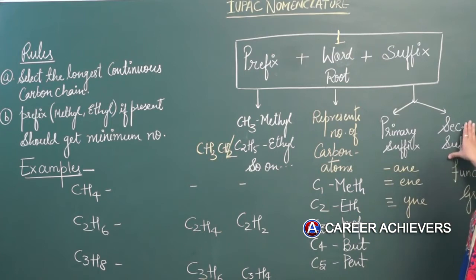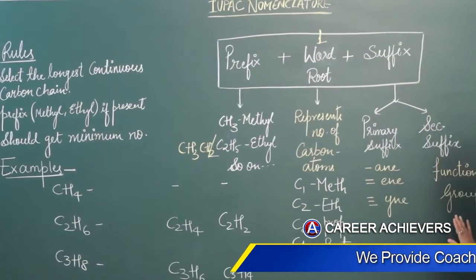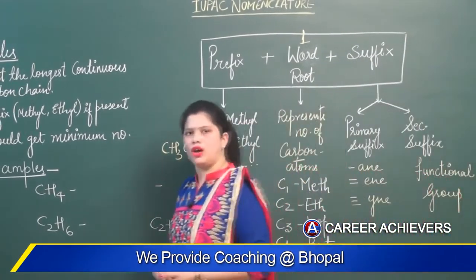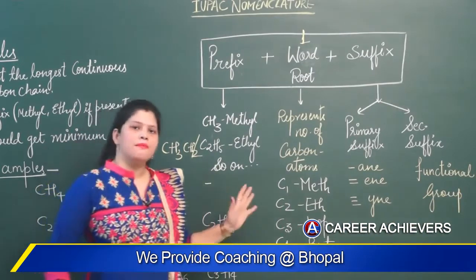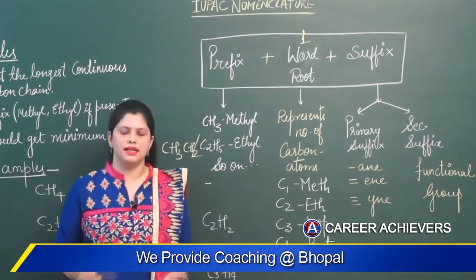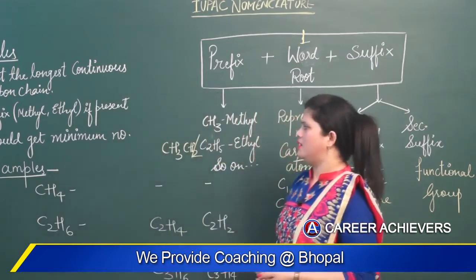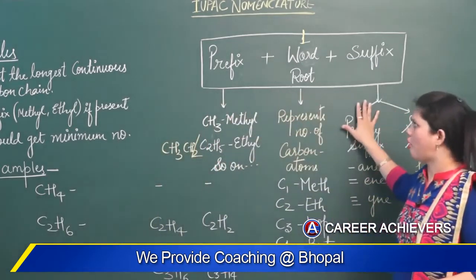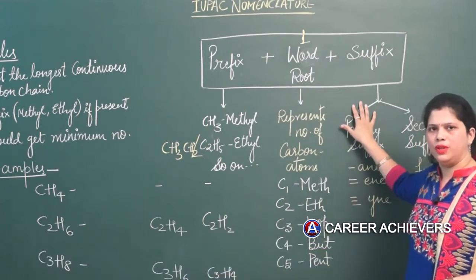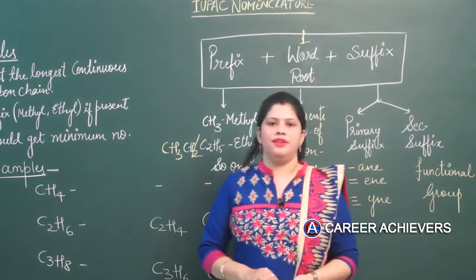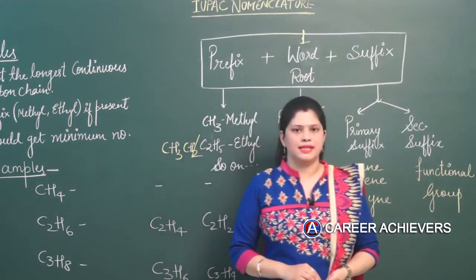Then the third part after the word root is the secondary suffix, and the secondary suffix represents the functional group. This topic is very vast, which cannot be covered on a single screen of the board, so it will have further parts. But at the level of 10th, and even for the 11th and 12th, this is the only formula which will be applicable, and we will only have further cases of it.